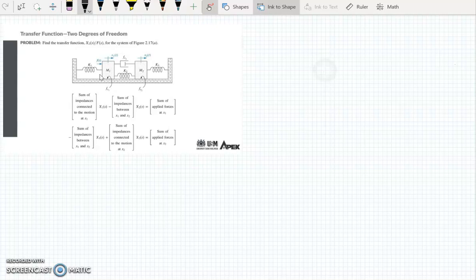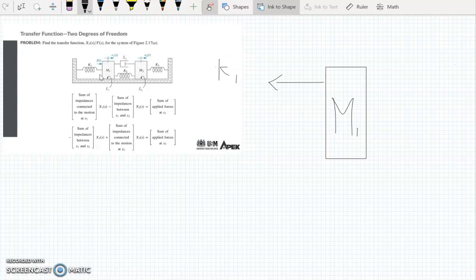So you have m1 here. All of this I will transform into Laplace straight away.